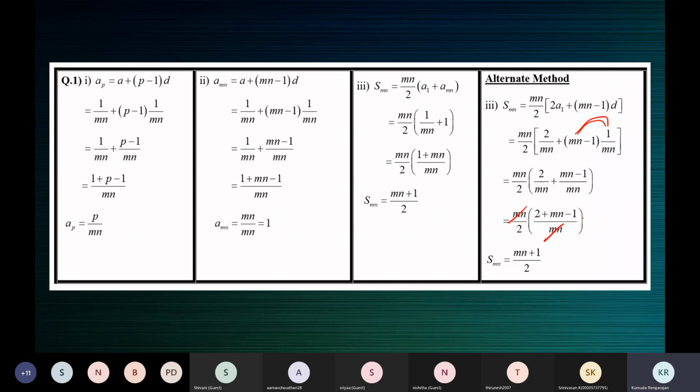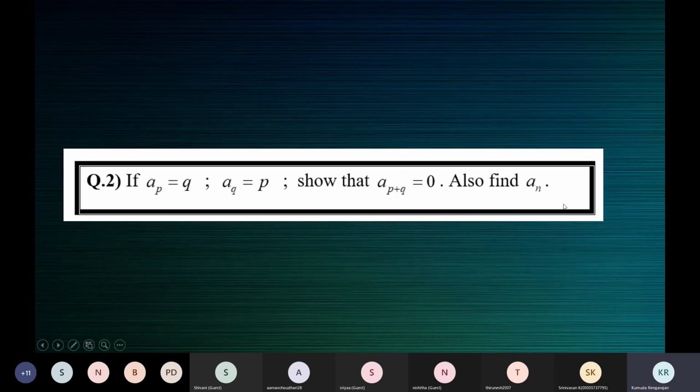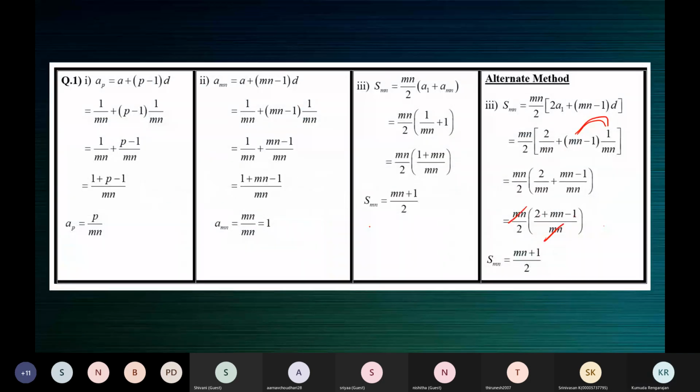So we have 1 here, and this mn in the denominator and numerator get cancelled. So we have 1 plus mn by 2, or mn plus 1 by 2.